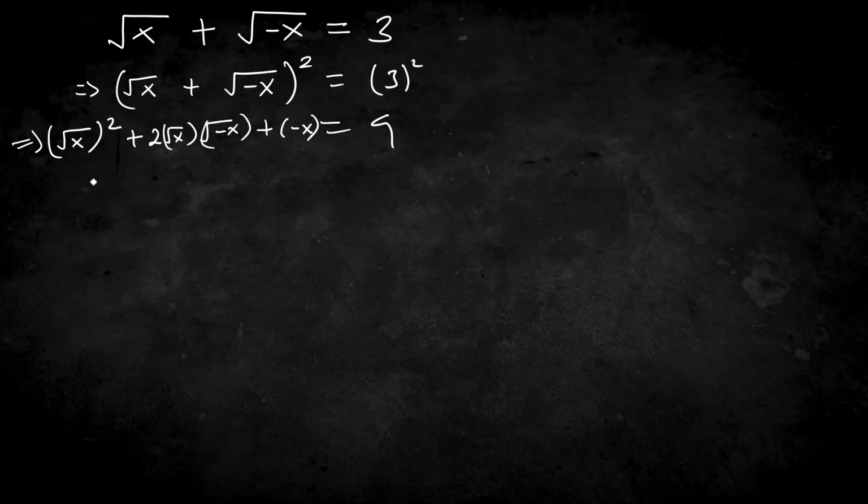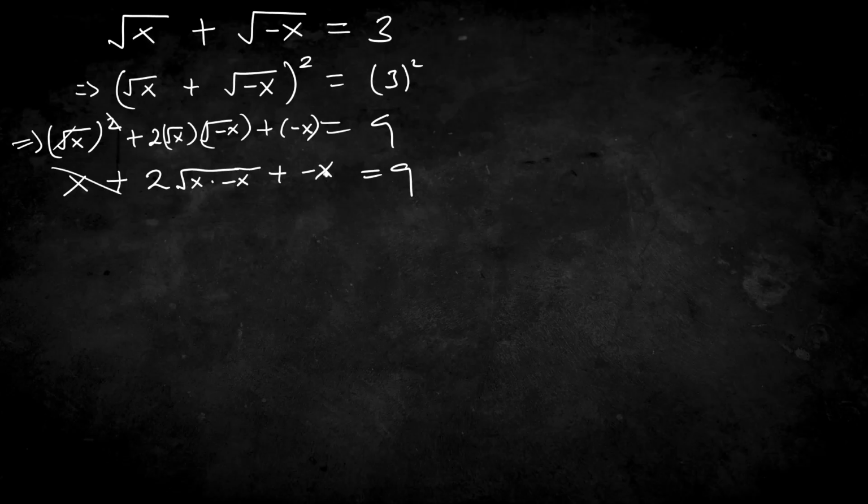So we have x, because this one will cancel this, plus 2 times square root of x times square root of minus x, plus minus x equals to 9.